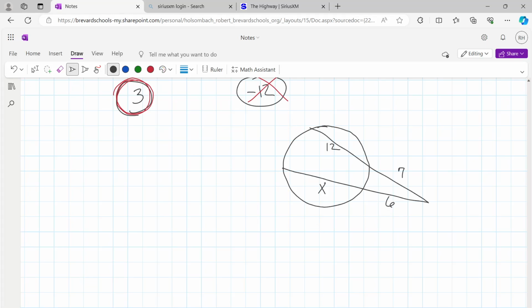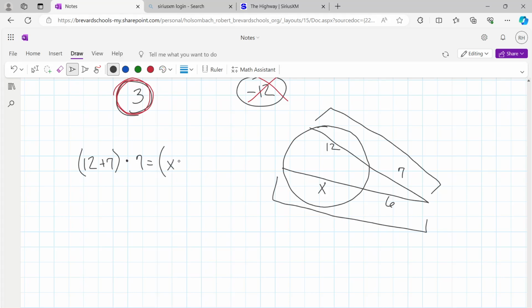So again, it's the entire piece, 12 plus 7, times its corresponding outside piece, which is the 7, equal to the entire other secant, which is x plus 6, times its outside piece, which is the 6.